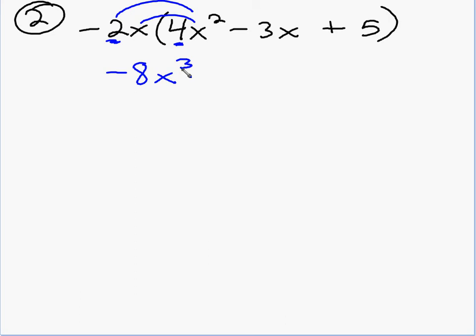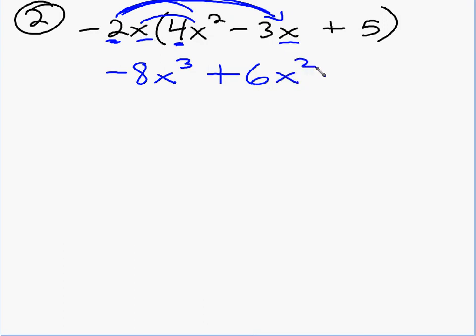So there's my first term. Negative 8x cubed. Then I need to multiply the negative 2x times negative 3x. Now be careful with your signs on this homework tonight. Isn't negative 2 times negative 3 positive 6? So I need to write plus 6 before this next term. And then what is x times x?